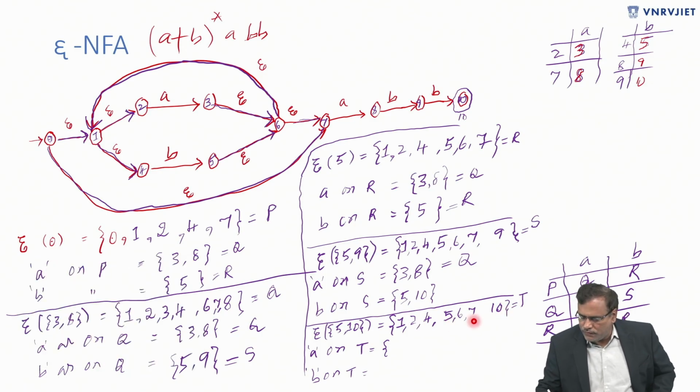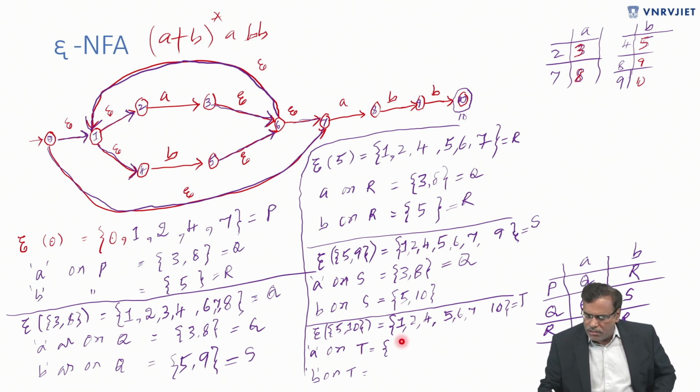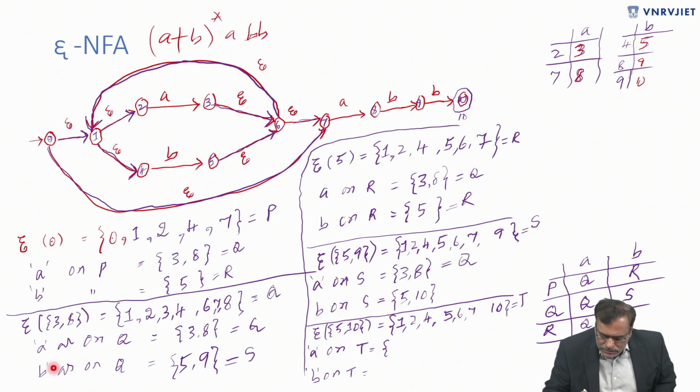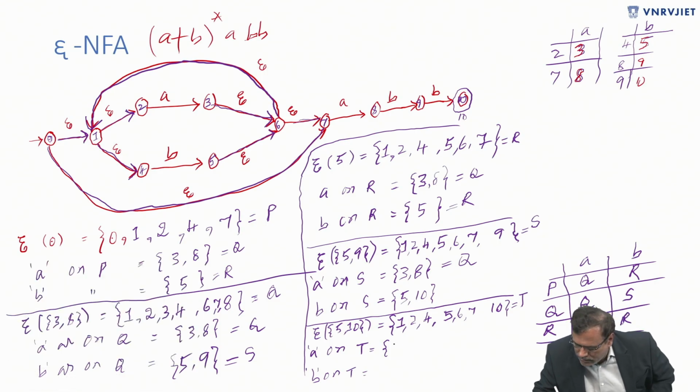T is 1, 2, 4, 5, 6, 7, 10. A as input on T means 2, 7. Are they available? Both are available. From 2, 7 where can you go? 3, 8. Therefore A on T becomes 3, 8. It becomes 3, 8.